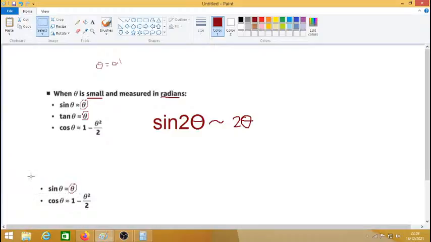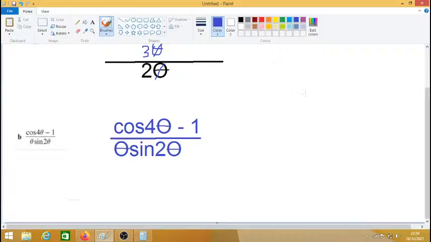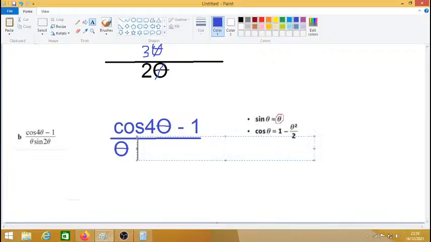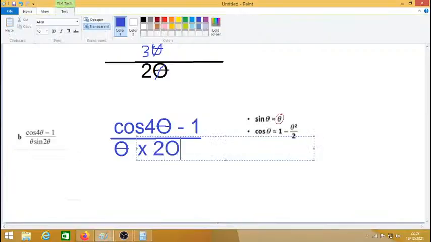Okay, let's grab them. And now let's try to use it. Let's go with the easy one first. Sine theta is approximately theta. So this sine 2 theta, we can delete that and just put 2 theta there instead. So that's going to be times 2 theta.